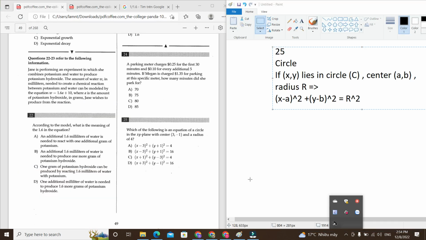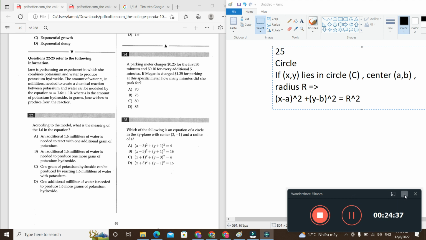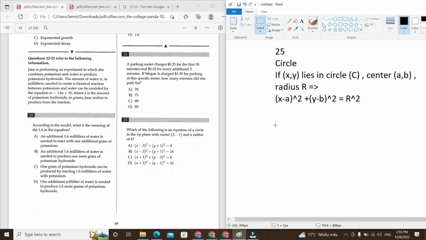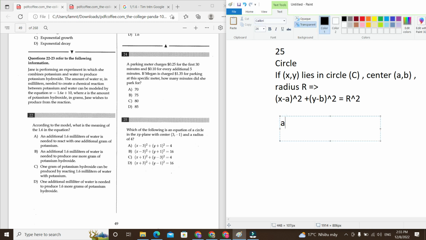So now we have the circle center at (a, b) and radius 4. From the exercises we know that a is equal to 3, b is equal to minus 1, and r is equal to 4, right?